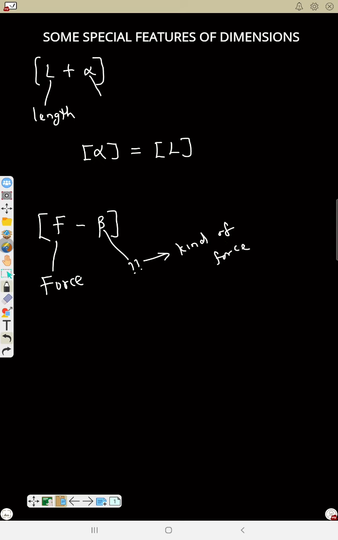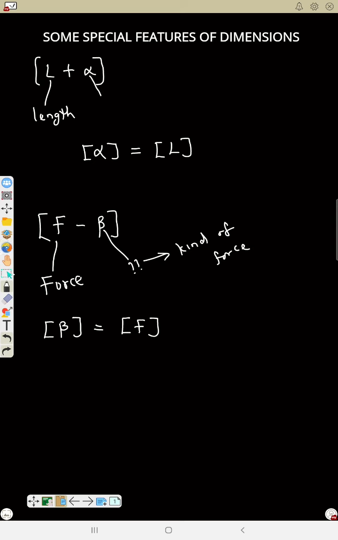Now if F is a force, then beta must be a kind of force. That is, they must have the same dimension. So in this case, the dimension of beta will also be the dimension of force, since F is force. It must be minus another force, so it can't be different from force. It is only a force and another force that you can subtract or add to get a third force.